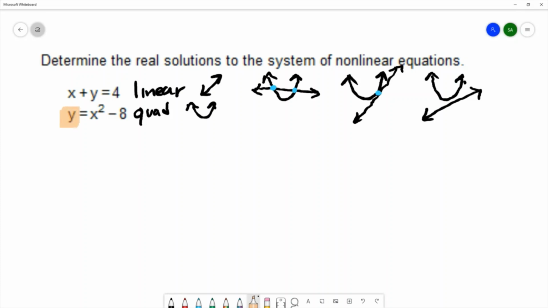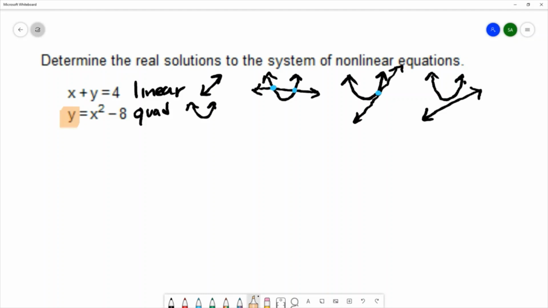In the system that we're given, y is solved for, and so the first step of the substitution method is done for us. With the elimination method, we want to line up all of our like terms, having the x's lined up, the y's lined up, most importantly the equal sign, and then also our constants lined up. Eventually you'll add the equations together, and that's why you want all those like terms lined up.